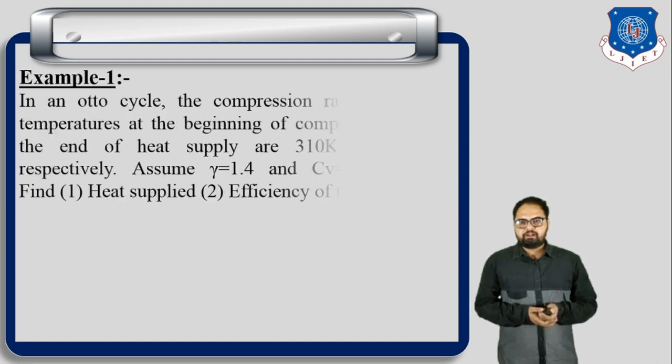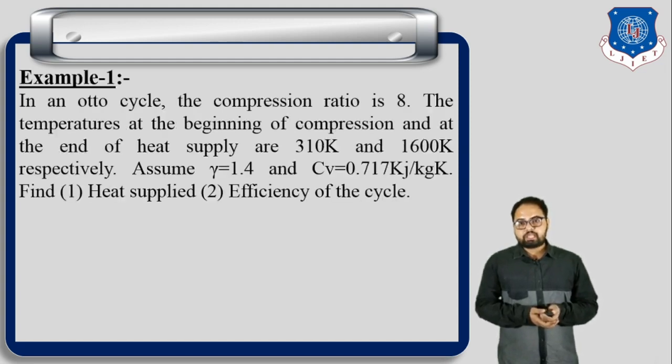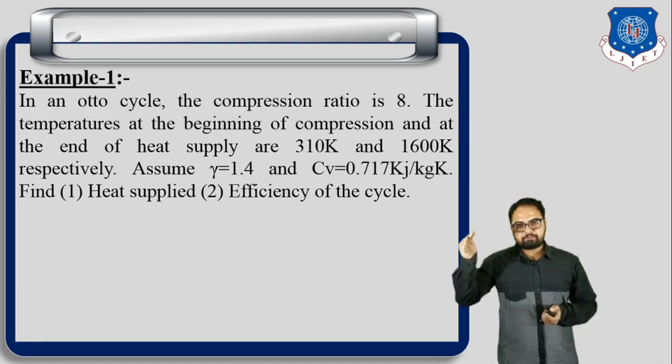The first numerical: in an Otto cycle, the compression ratio is 8, that means V1 by V2 is equal to R is equal to 8. The temperature at the beginning of the compression and the end of heat supplied are 310 Kelvin and 1600 Kelvin respectively. Beginning of compression is point 1, and the end of heat supplied is T3.